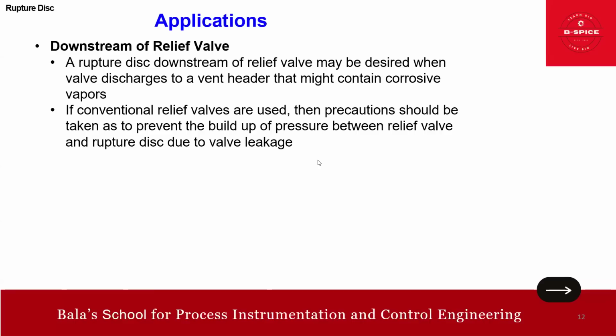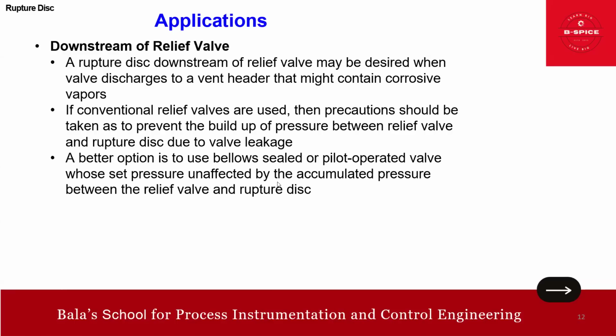You got it, friends? So that is what I'm explaining here. If conventional relief valves are used, then precaution should be taken to prevent the buildup of pressure between the relief valve and the rupture disc due to valve leakage. This also we need to take up. For this, as in the earlier case, we use a pressure switch or pressure gauge.